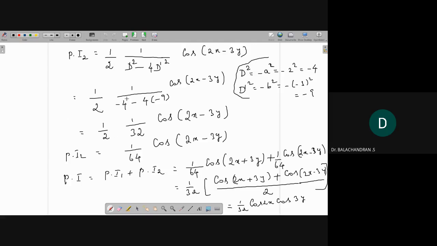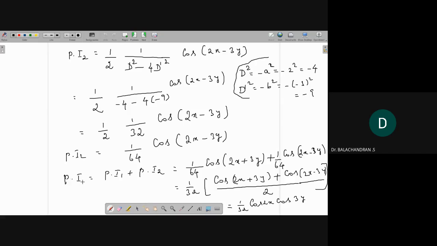So 1 by 2, 1 by D square equal to minus 4, minus 4 into D dash square is minus 9, into cos of 2x minus 3y. 36 minus 4 is 32, into cos of 2x minus 3y. So PI2 is 1 by 64 into cos of 2x minus 3y.